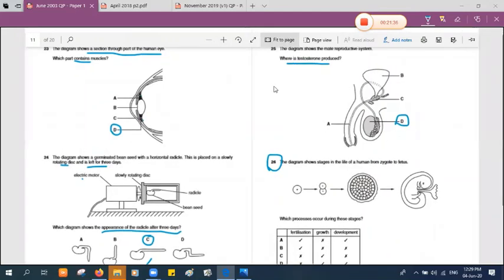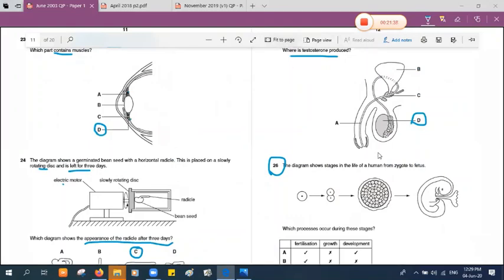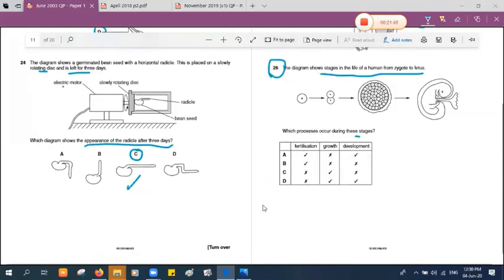Okay, 26. I want to make it more clear, yes. The diagram shows stages of life of a human from zygote to fetus. Which process? Yes, development. Yeah, perfect. Development and growth, okay? And in the last sessions, I told you the difference between the growth and the development.